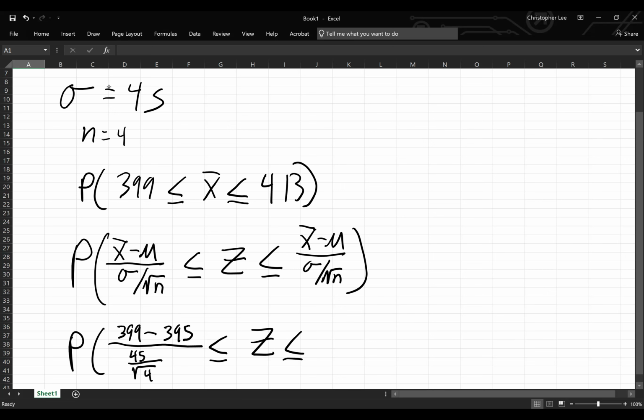Now the other one is 413 minus 395 over 45 over the square root of 4.